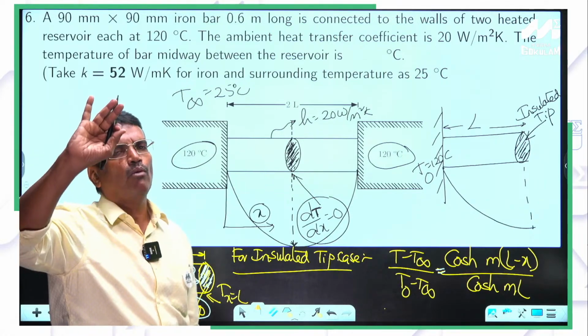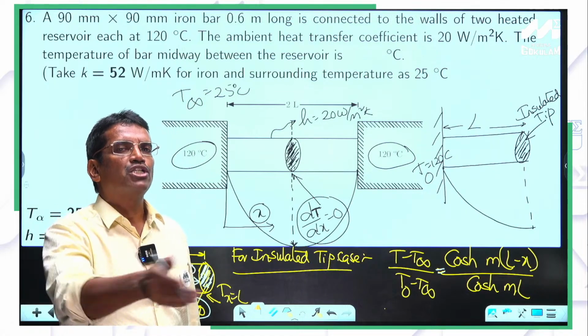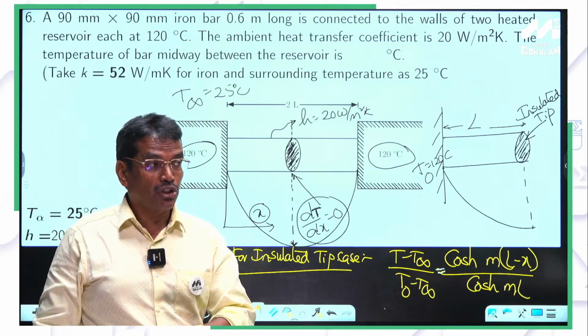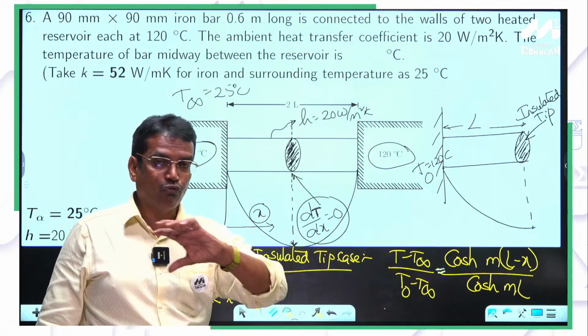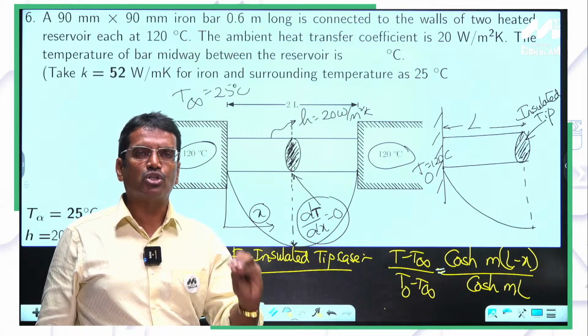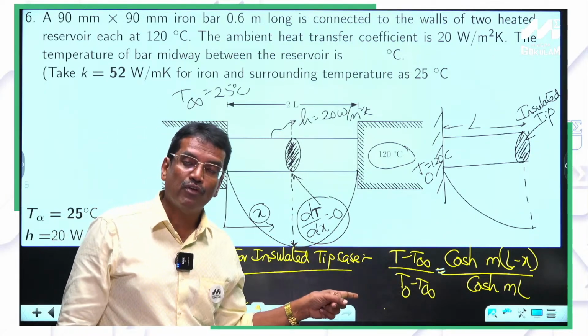Almost all fin problems, any fin problem you get in GATE, by default you consider it as an insulated tip case, and you will get the answer, unless it is very clearly mentioned that it is a very long, infinitely long fin, but that is a rare case. Most fin problems will be solved by the insulated tip case formula. Here I would also like to give you the formula for the heat transfer rate.